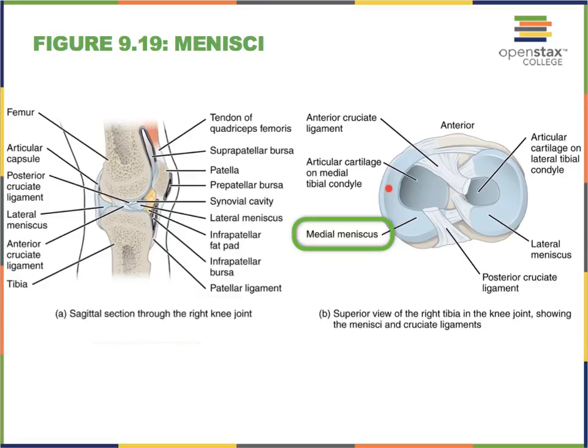Notice that we have a C-shaped structure here and a C-shaped structure there. Those are the different menisci. So we talk about the medial meniscus because the tibia actually sits medially, the shin bone, and the lateral meniscus. And once again, notice the crossing of the various ligaments, the ACL and the PCL, which also provides stability to our knee joint.